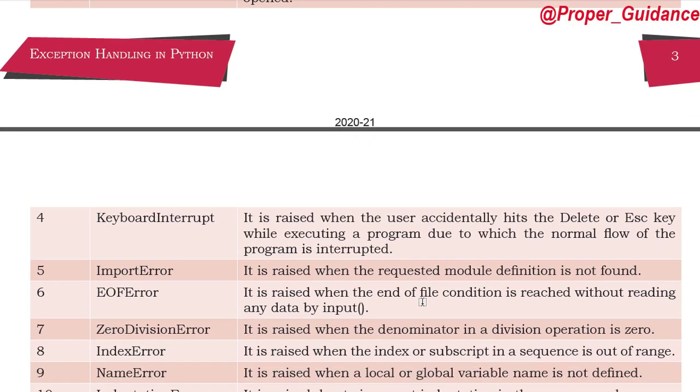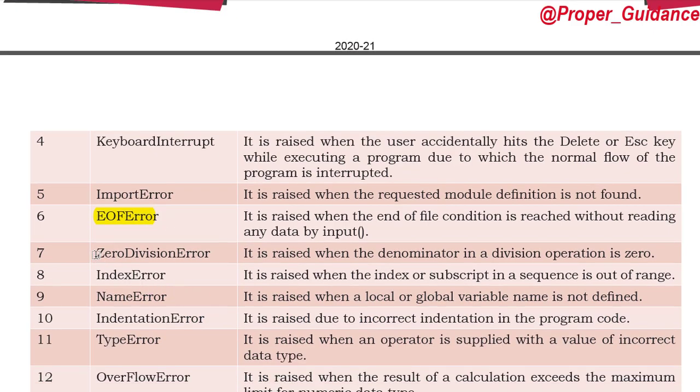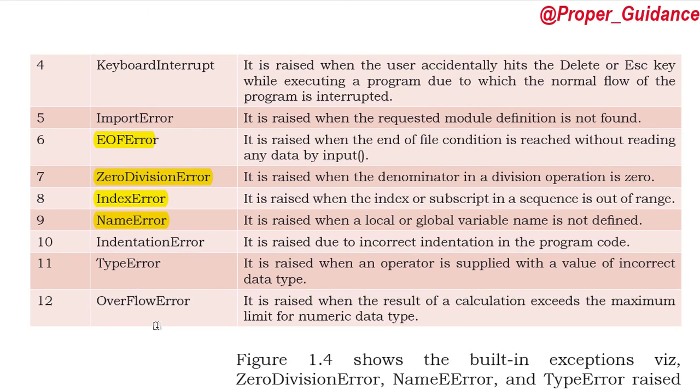Okay, like this, there are so many built-in errors. Keyboard interrupt, import error, end of file error, EOF. This is very important. End of file error, zero division error, index error, name error, all of these are here. Overflow error.